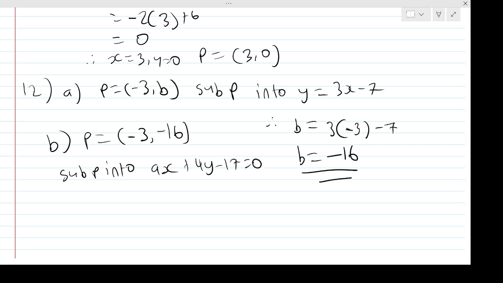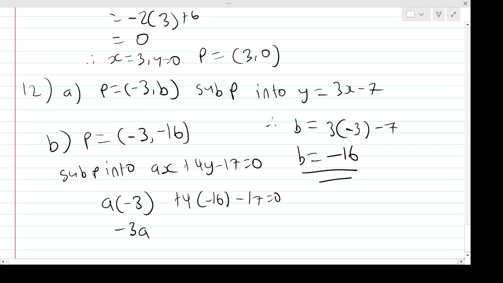So if I substitute P in, well, P is minus 3, minus 16, that means x, so ax is going to be a lots of minus 3, plus 4y, so 4 lots of minus 16, which is the y value, minus 17 equals 0. Then I can just expand and simplify. So a lots of minus 3 is minus 3a, 4 lots of minus 16 would be minus 64. Cool. And then we have minus 17 equals 0.